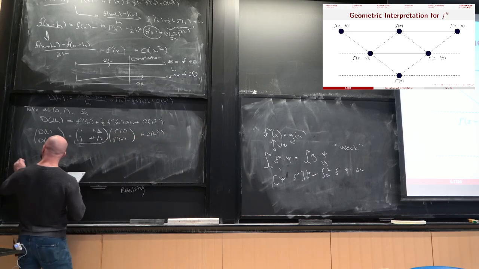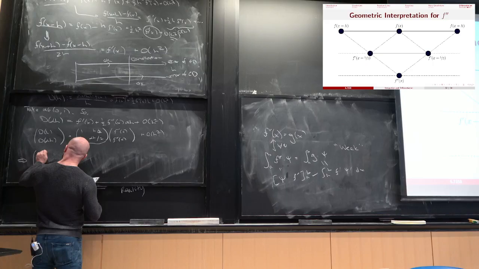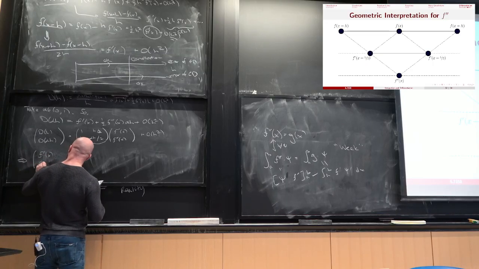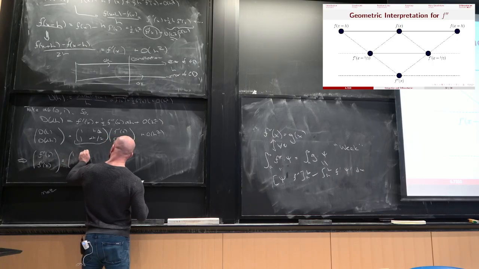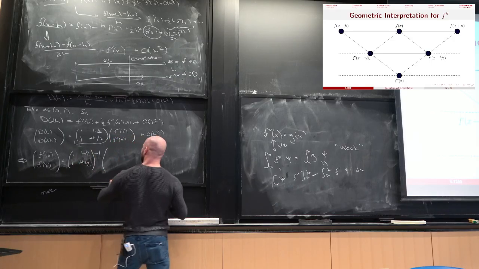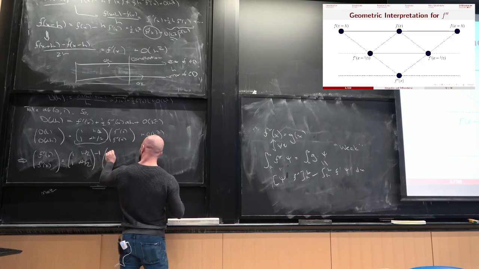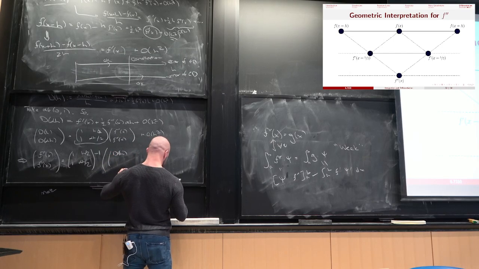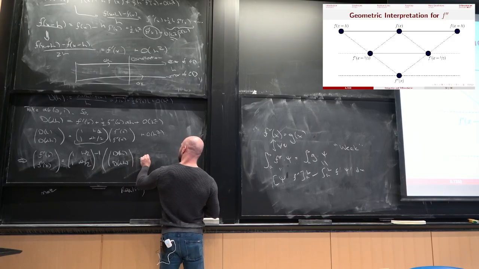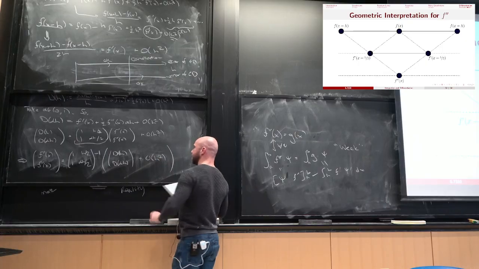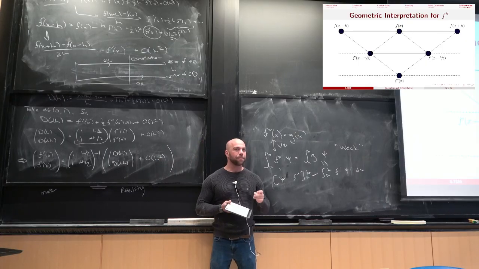So in particular, we have f prime of x, f double prime of x is equal to the inverse of the matrix [1, h/2; 1, alpha h/2] times the vector D of h, D of alpha h, plus order h squared. Make sense?